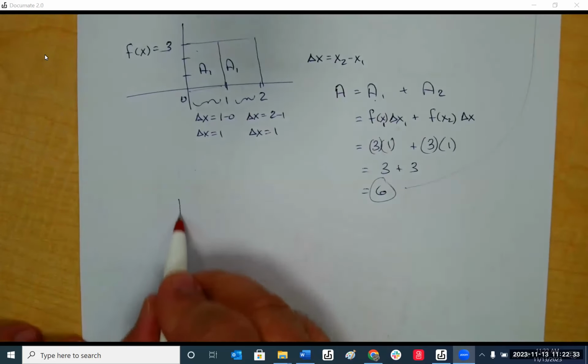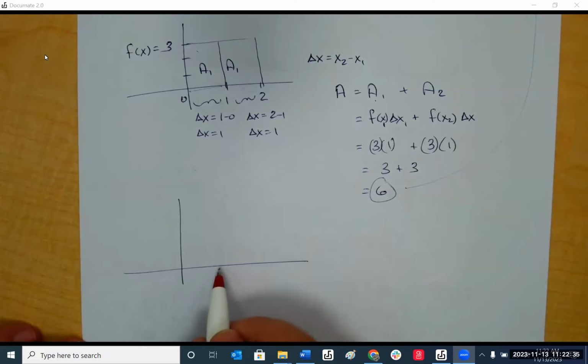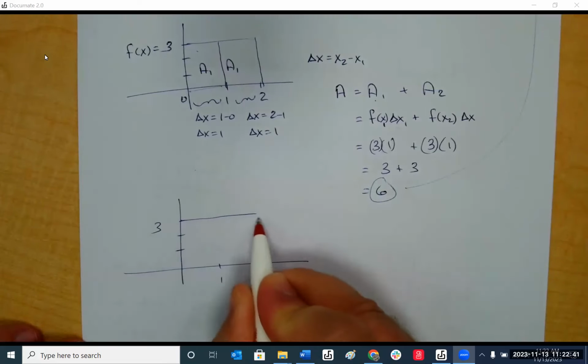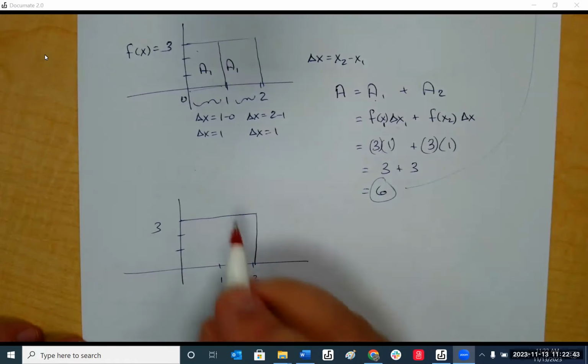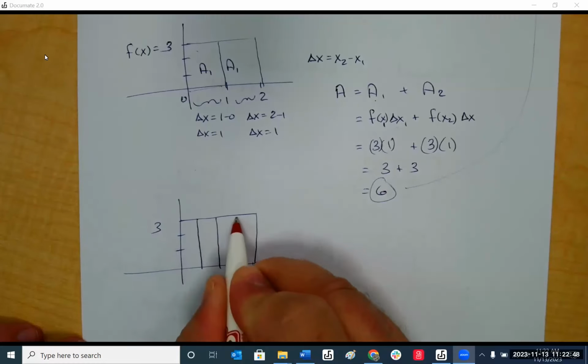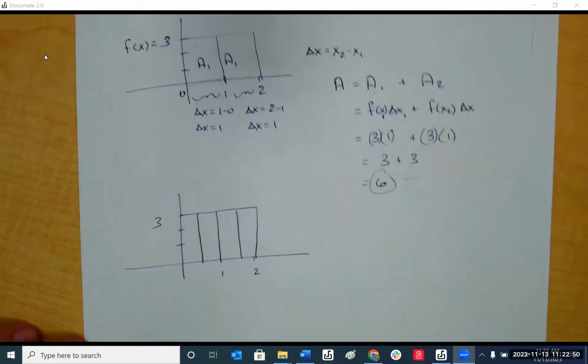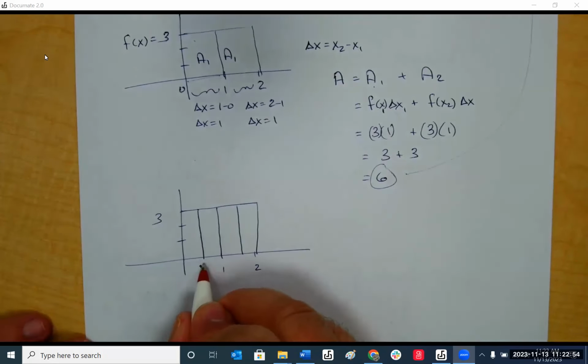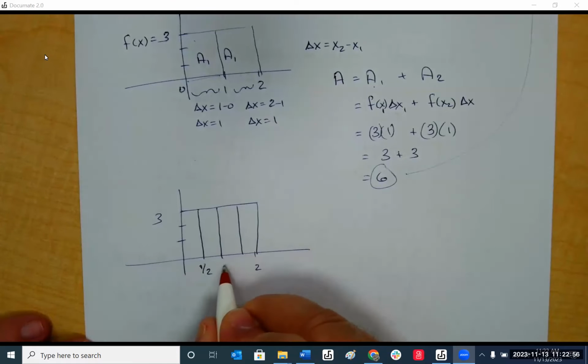Let's go further. We first cut it up into two; let's cut those in half. So now we go to 1/2, 3/2.